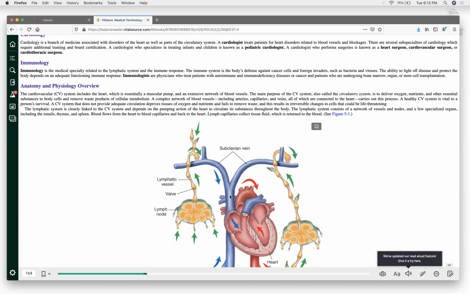So think of wherever there's an artery and vein, there has to be a lymphatic vessel that's associated with it. And the lymphatic vessels, one of their functions is to support the immune system. And on the lymphatic vessels, you'll see there's lymph nodes, and we're going to talk about that in a moment.